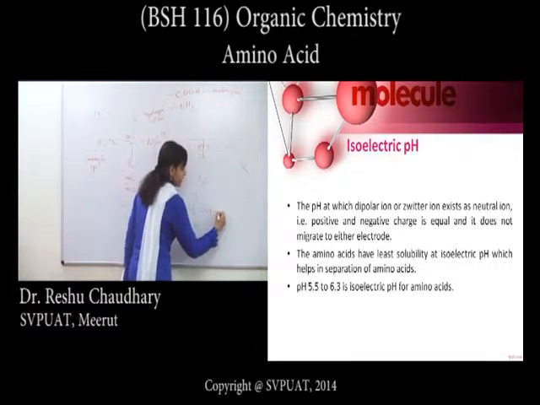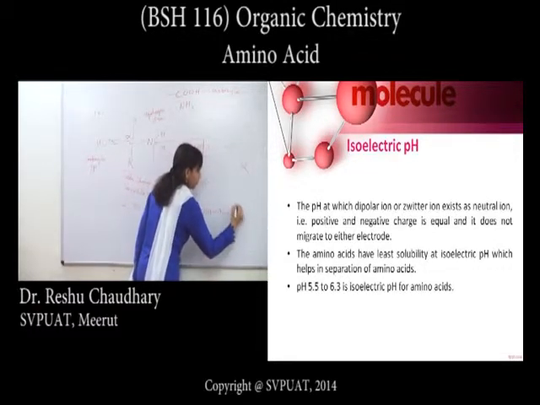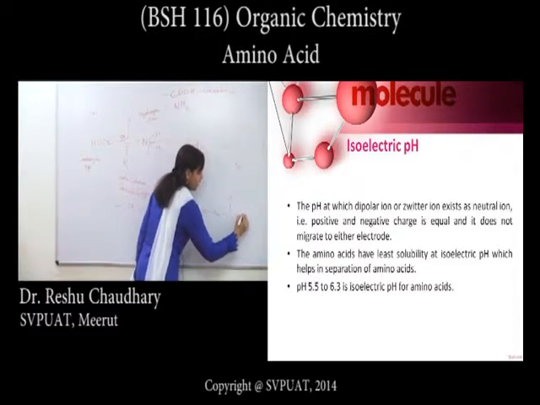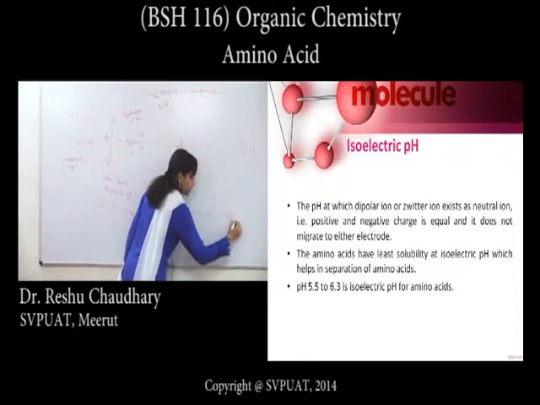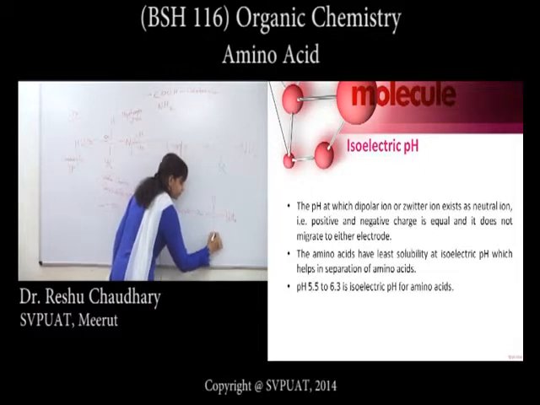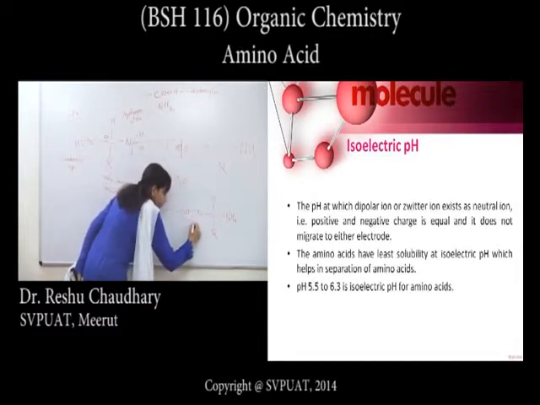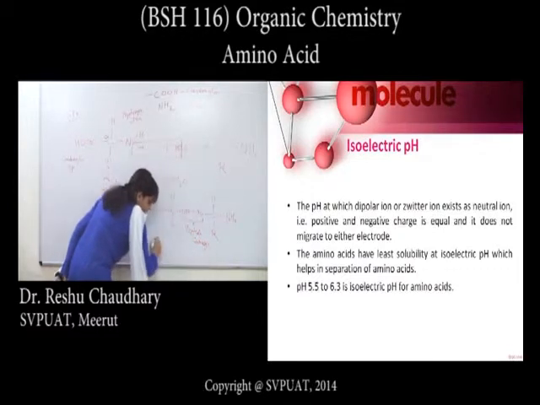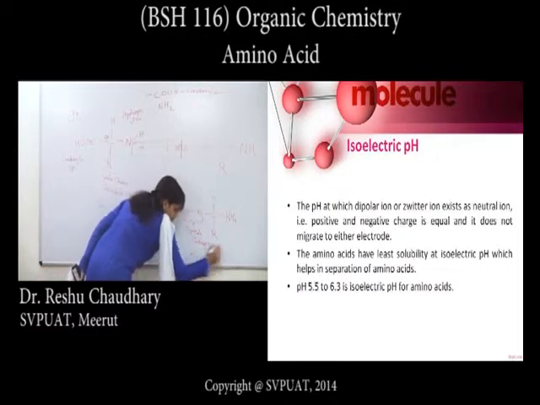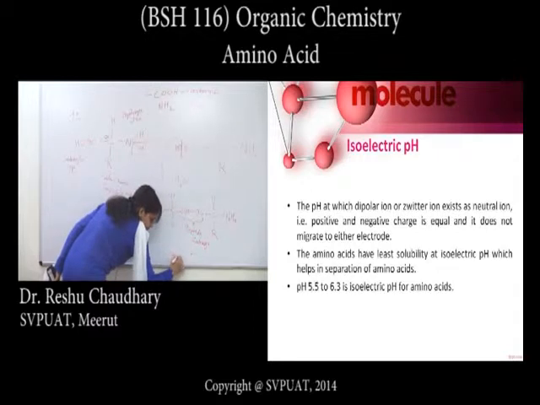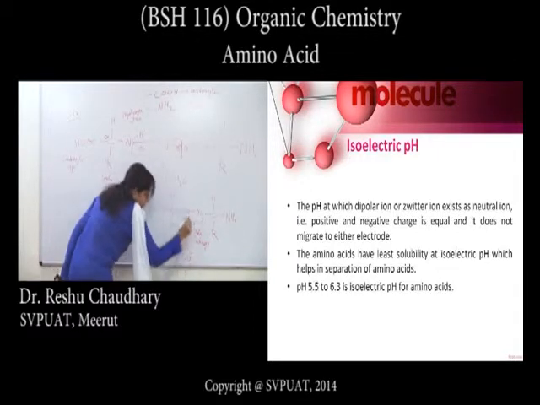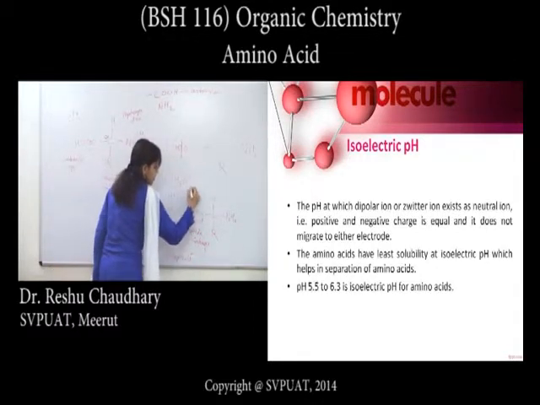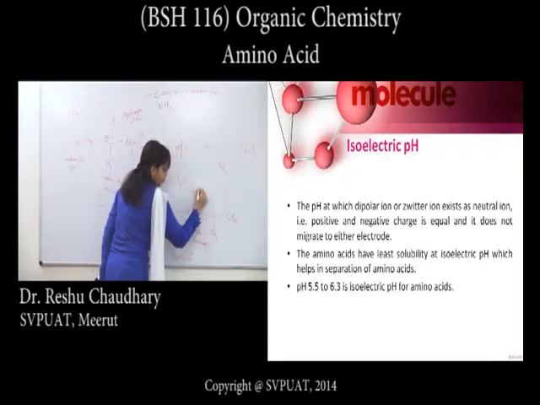This bond is known as a peptide bond or peptide linkage, and the product is known as a peptide.